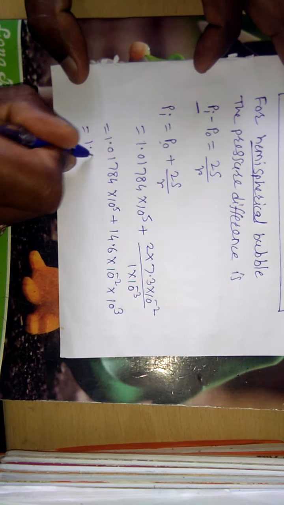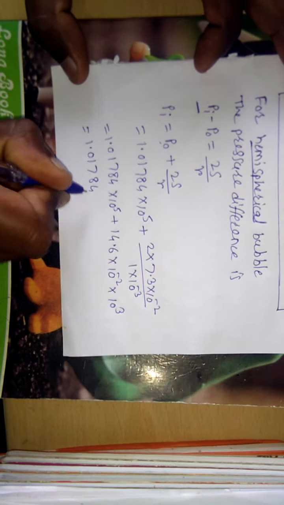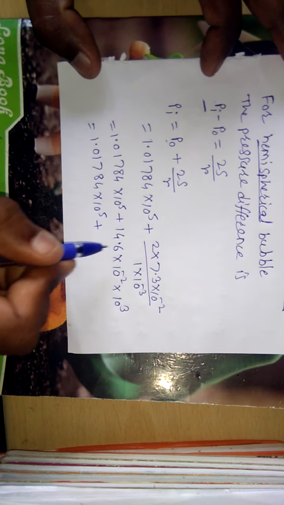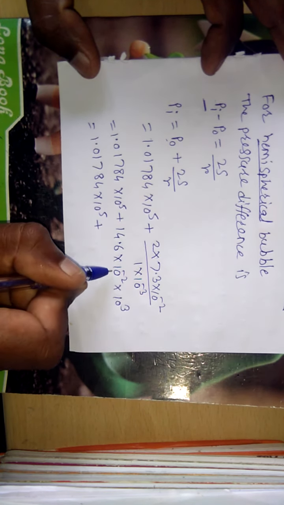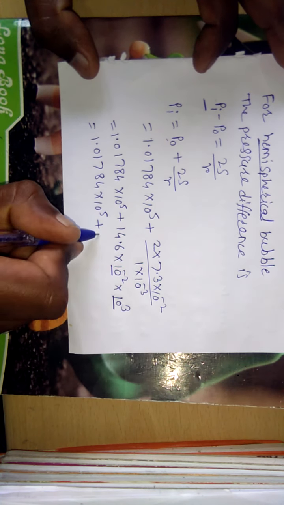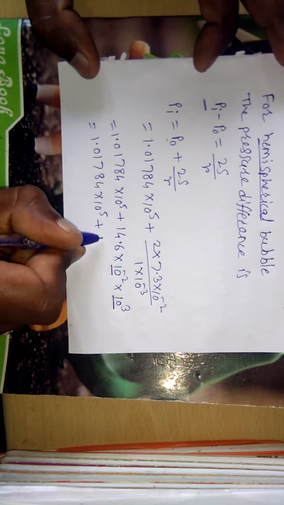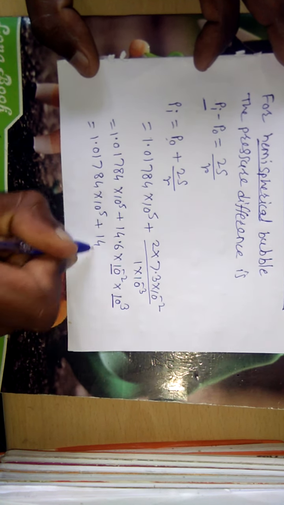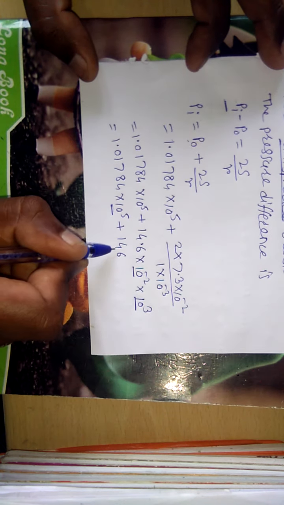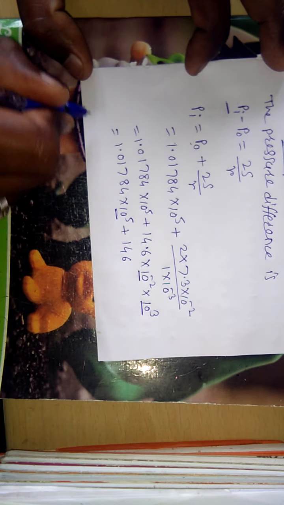Then this is equal to 1.01784 into 10 to the power of 5 plus 14.6 into 10 to the power of minus 2 into 10 to the power of 3, which becomes 10. Therefore 10 into 14.6 becomes 146. Now here we have 10 to the power of 5, so we have to convert this number in terms of 10 to the power of 5.